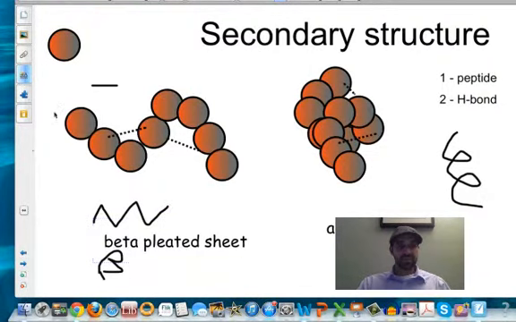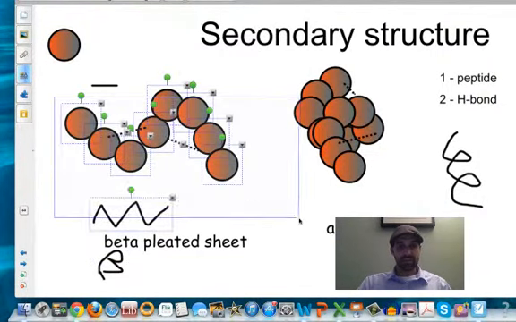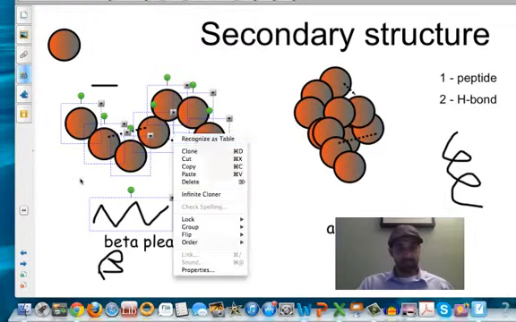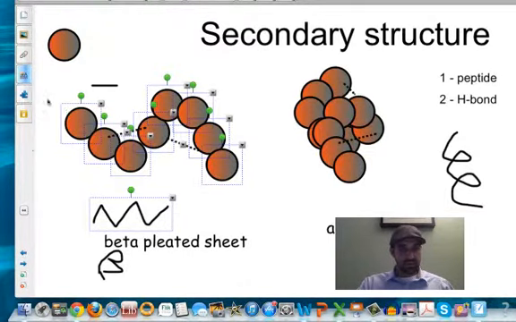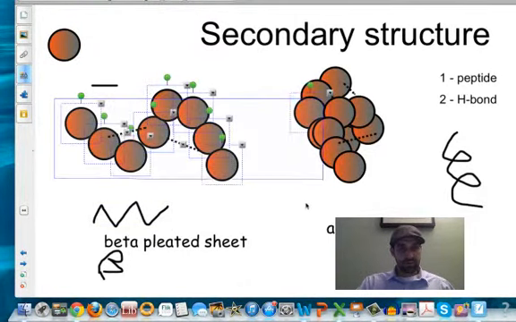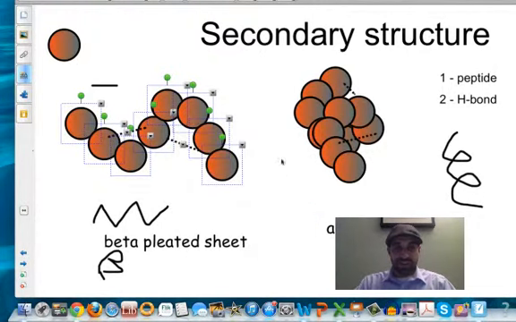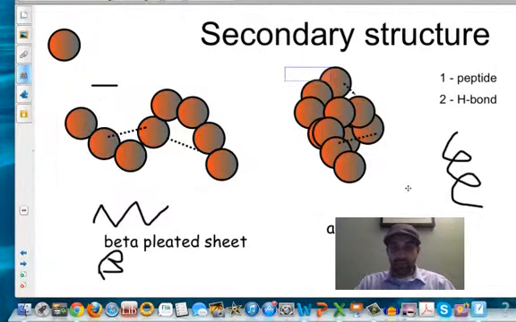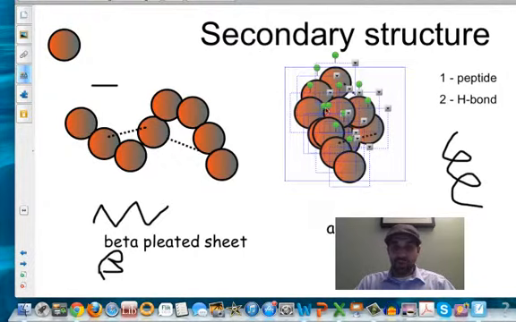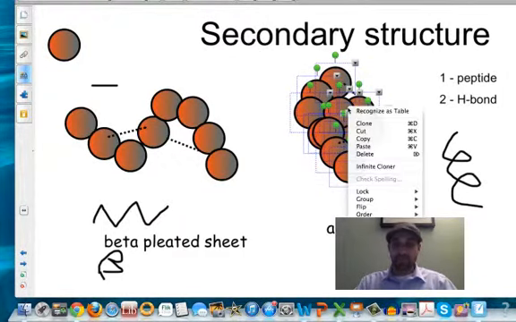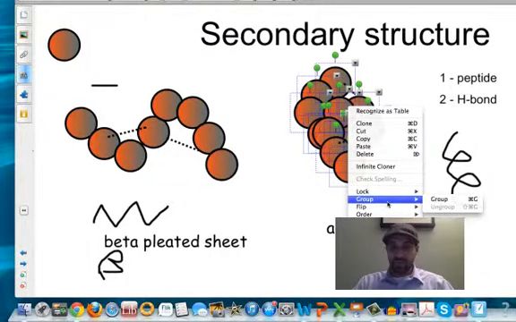So what I'm going to do is, once again, group these up. All right. So again, primary structure, peptide bonds. Secondary structure, peptide bonds haven't gone anywhere between the amino acid monomers, but it's the positioning of these monomers that allows for hydrogen bonding to occur.